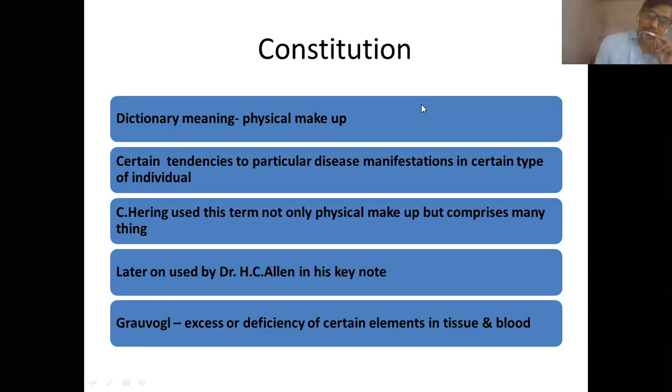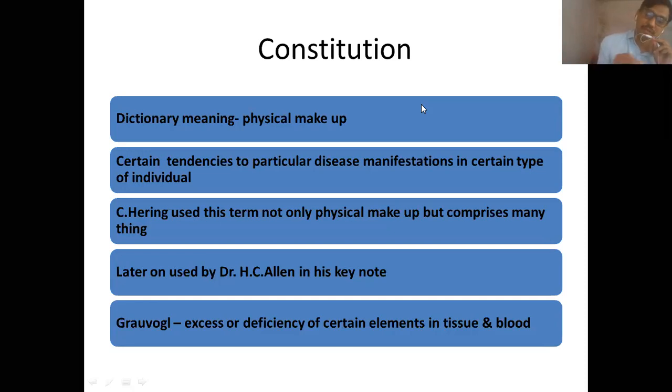And in homeopathy, there was one great scientist, Dr. Grauvogl. He identified that certain excess or deficiency of certain elements in the tissues and blood, if we observe these deficiencies or excess, it was his hypothesis that this excess or deficiency gives rise to a certain type of disease tendency in a certain type of individual.